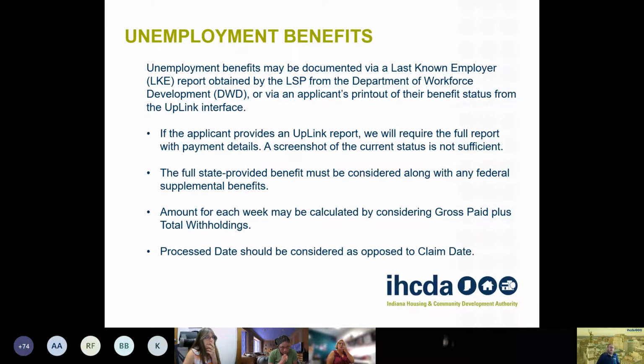Yeah. So if you have a case where, because of what I was saying about the claim date and the process date, sometimes it can be weeks or even months later before a claim is processed for whatever reason.